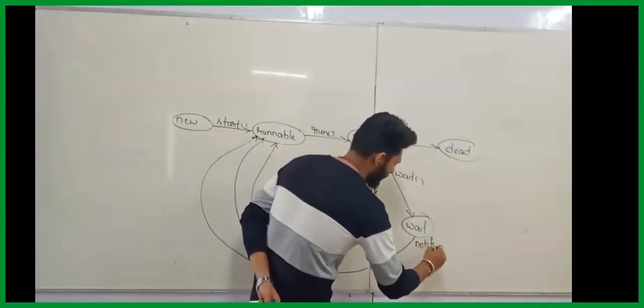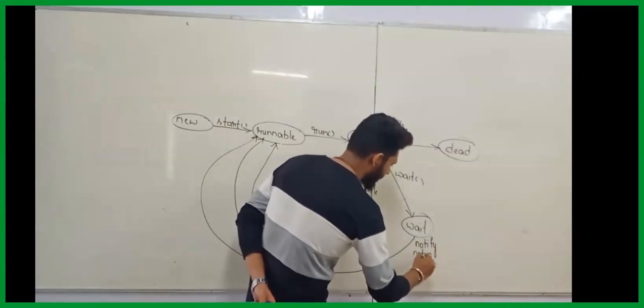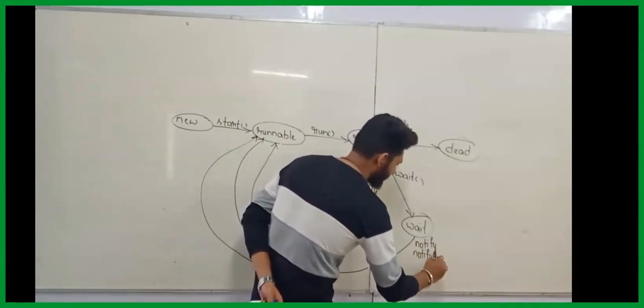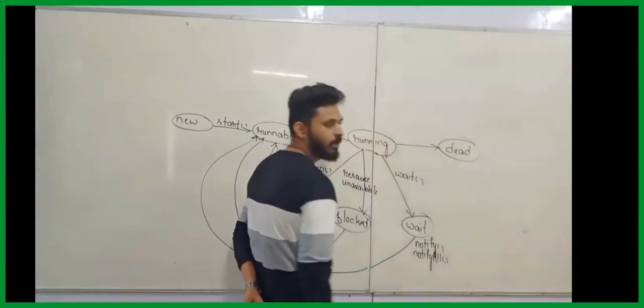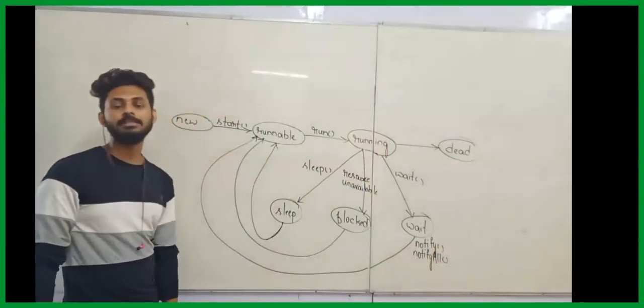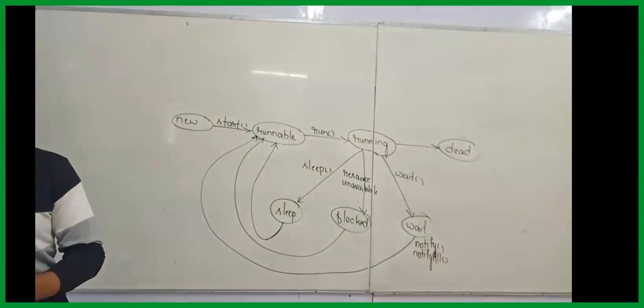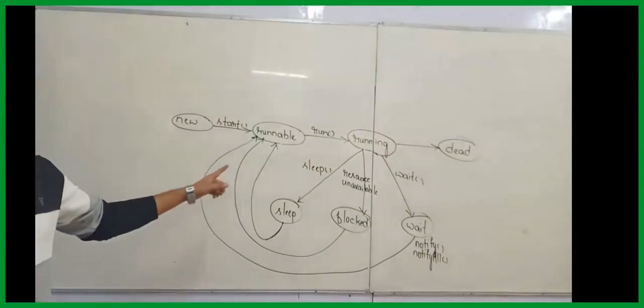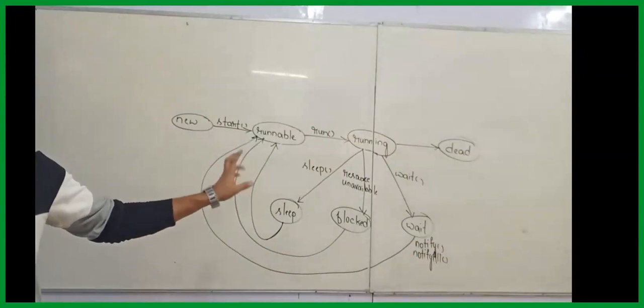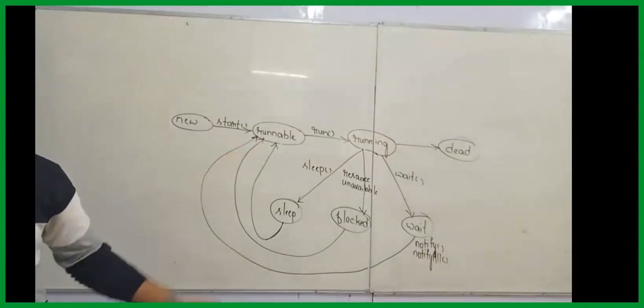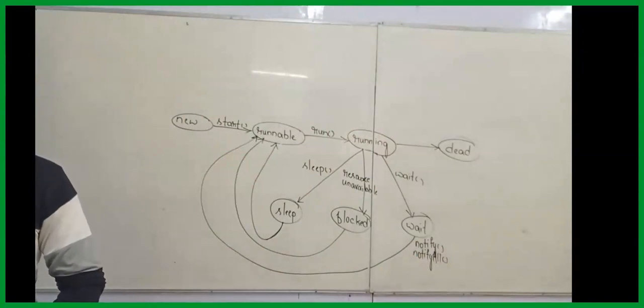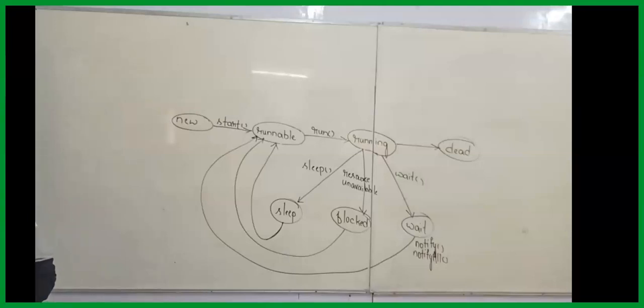That is notify or notify all. If I use the methods notify or notifyAll, then it will come out of wait state. Coming out of wait state, where will it go? It will definitely go to runnable only, because there might be another thread which is already in running state. Getting my point? For this, we will definitely take one example and then we will see how it works. Then you will get to know the clear picture of states of thread.